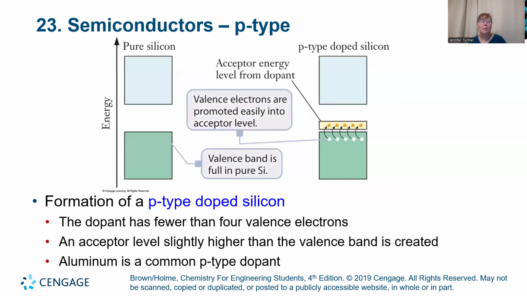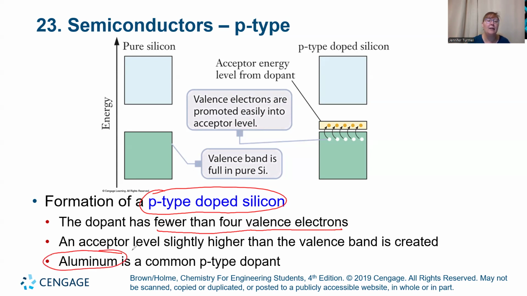Now what we're going to do is some P type doping. In p-type doping, remember we have less than 4 valence electrons from before. An example of that might be aluminum. Aluminum has 3 valence electrons, so it's a common p-type dopant.